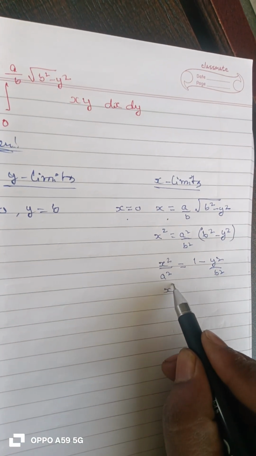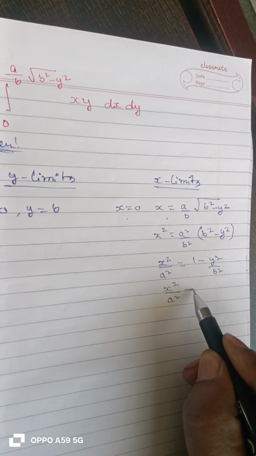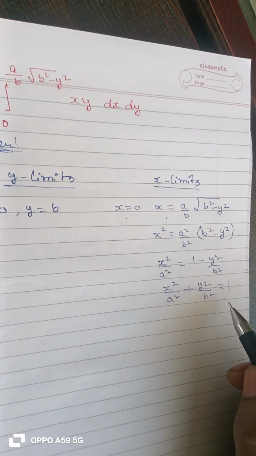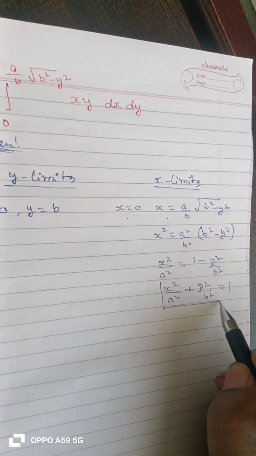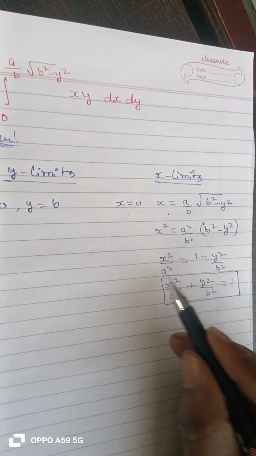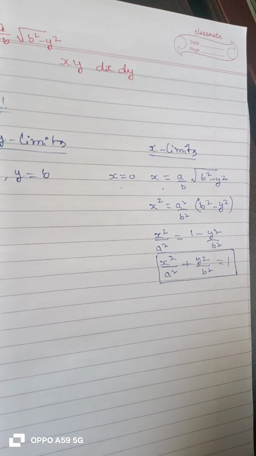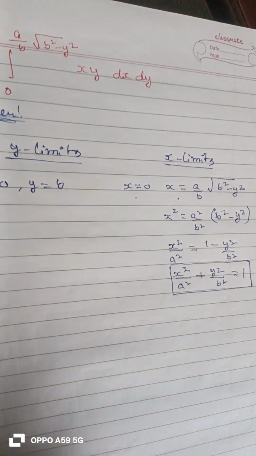Now this is x square by a square plus y square by b square is equal to 1. So we can observe this is the ellipse equation.